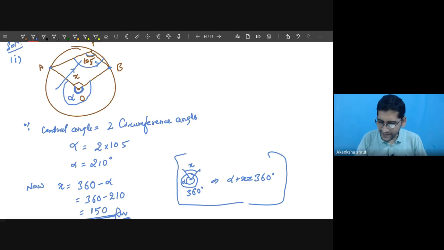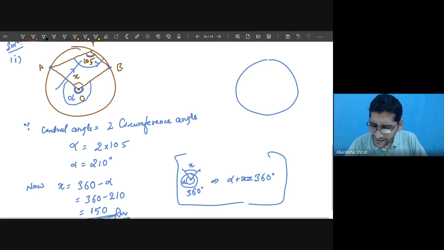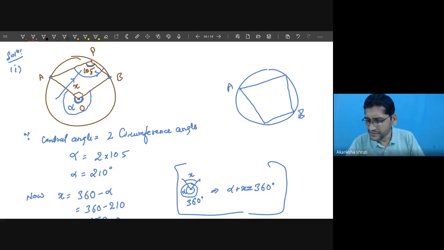Students, you people got confused with the cyclic quadrilateral. Though I had not taught it, for the cyclic quadrilateral, if all 4 points are on the same circumference, P and Q, in this case, if the angle P is 105 and the angle at Q is X, then X plus 105 is equal to 180 degrees.